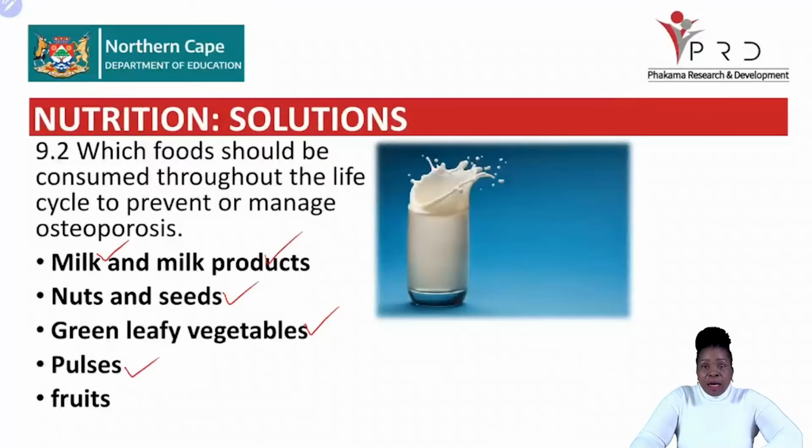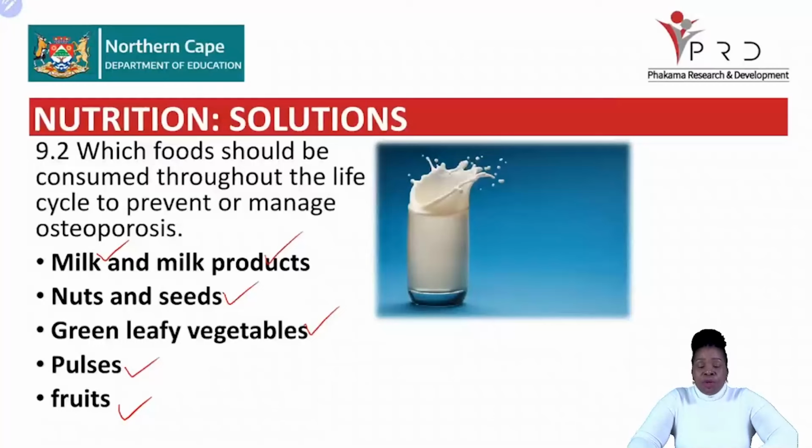Pulses are dried beans or dried seeds that we consume: the beans, the peas, the sugar beans. They all contain calcium, or they are good sources of calcium. Also, fruits are some of the foods that you can consume to increase your calcium levels.